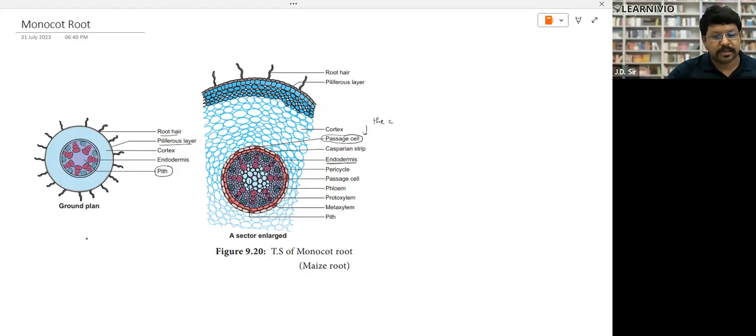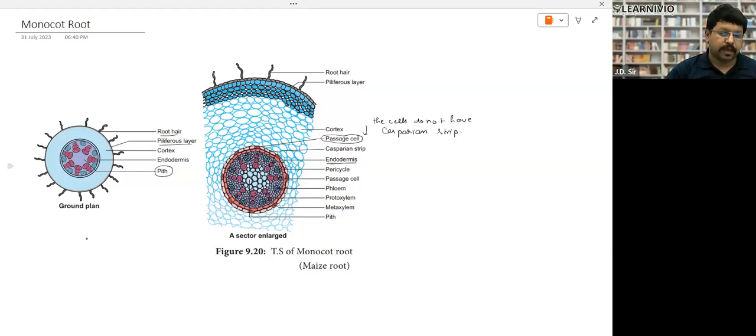The cells of endodermis that do not have Casparian strip are called passage cells. This is endodermis. This is pericycle. Passage cells I have already told you.